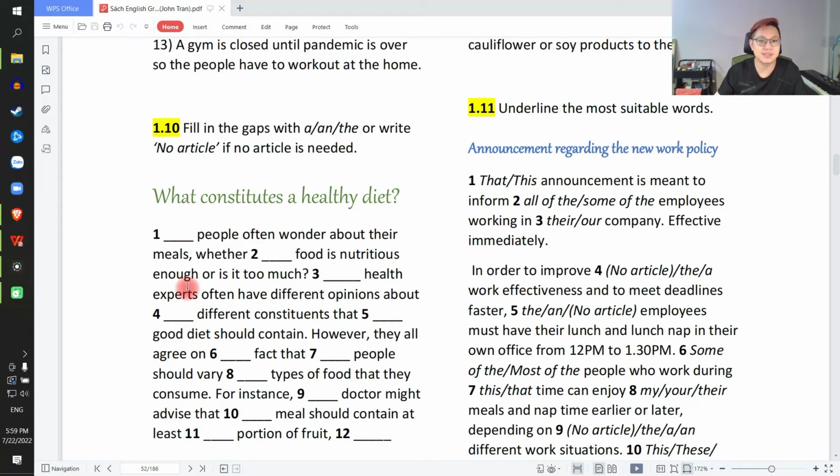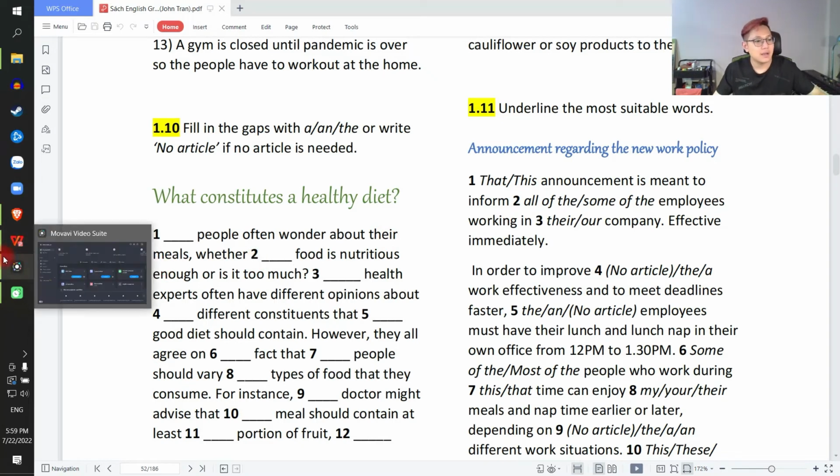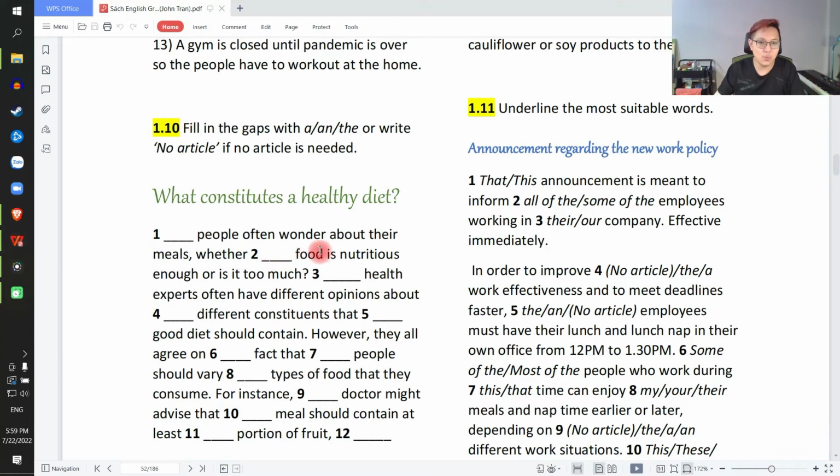What constitutes a healthy diet? People often wonder about their meals, whether the food is nutritious enough, or is it too much?